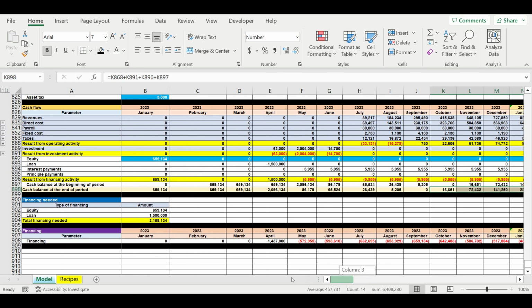So here we can see the amount of total financing needed. This is our own money, this is the loan. For example, we can create a huge number of scenarios. This value will change, this value will change, so we can very easily create new scenarios and the financing will be calculated very easily, very fast.